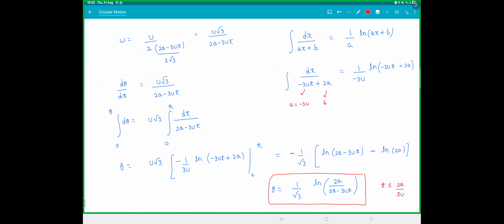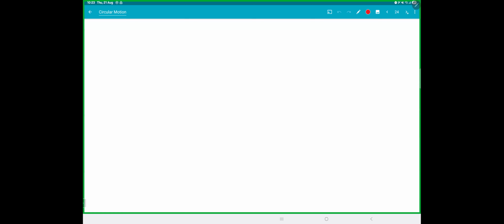There is something more I can ask you in this question. I can ask you to find the acceleration of the particle at time t. So listen. Now here, even though the speed is constant, the direction is changing every instant.